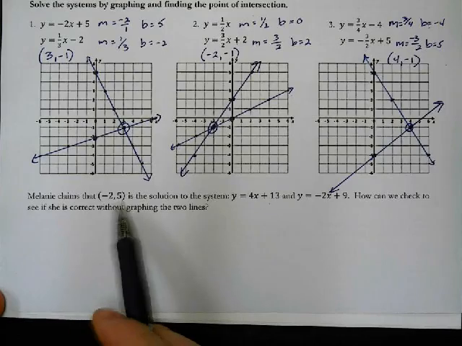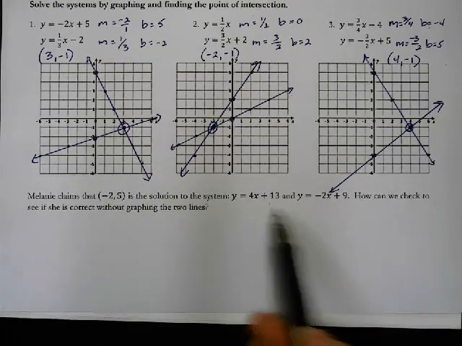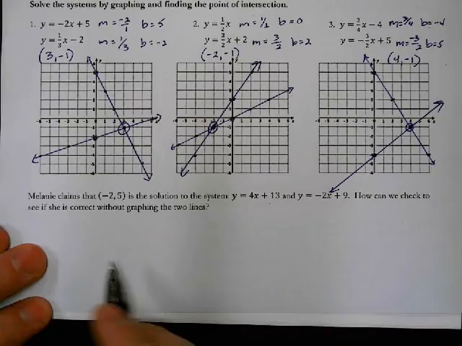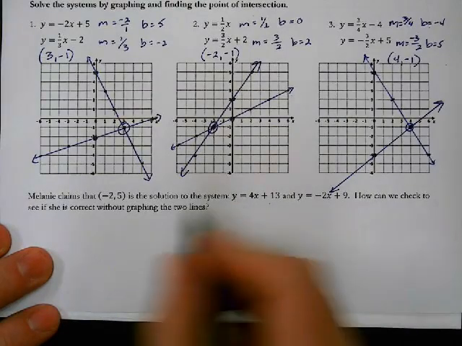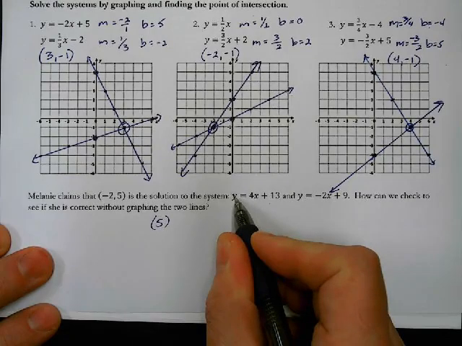Well, how could I check without graphing? I can check to see if this is a solution for both of them. If it's a solution for both equations, it's a solution for the system. So we're going to test (-2, 5) in both those equations. I'm plugging in 5 for y and -2 for x.